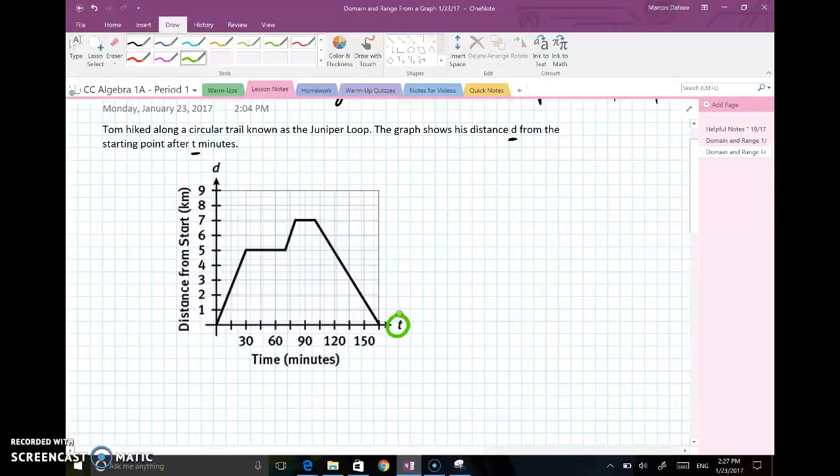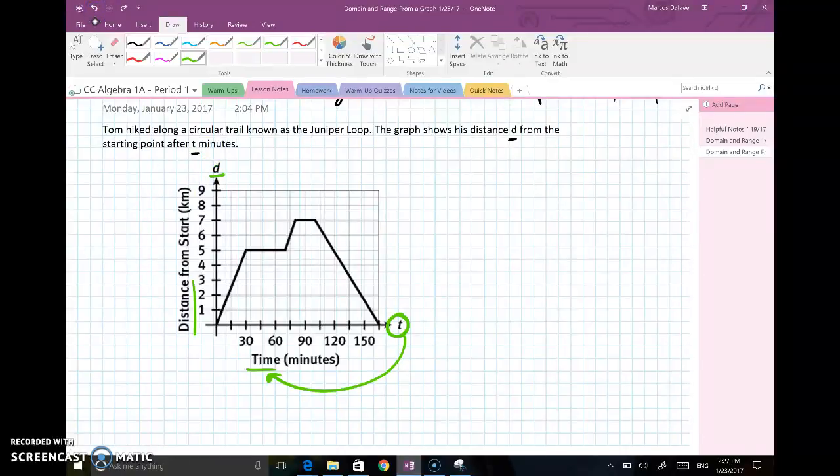Now t normally would be the x that we are used to seeing, but because we are dealing with a situation regarding Tom hiking, it makes sense to use a letter t since that stands for time, as you can see over here. Whereas on this side we have d, and d represents our distance. So you can see the two things are definitely related to each other. D for distance.